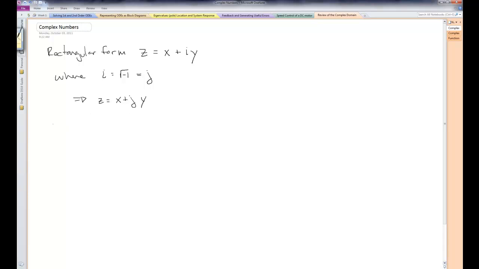We can plot this in the S-plane, or what we also call the complex plane.